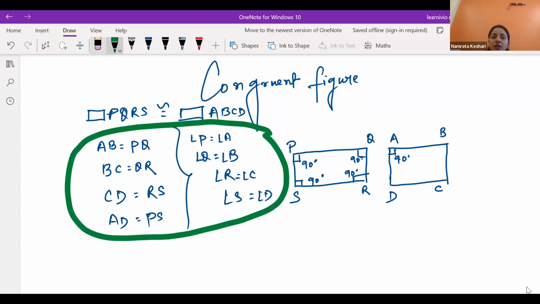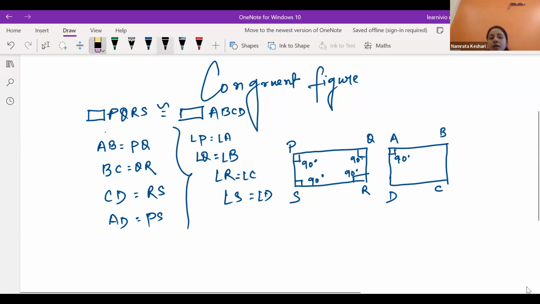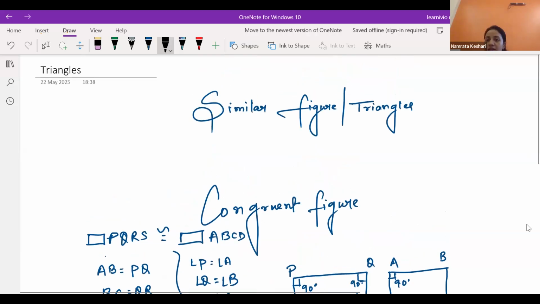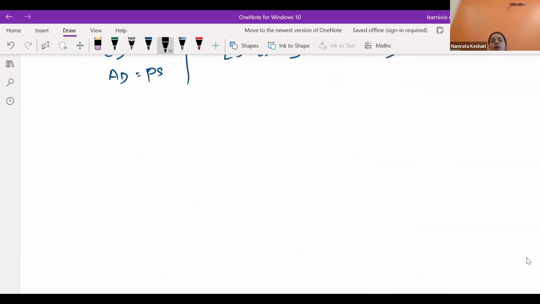You have also learned a few criteria which help to prove whether triangles are congruent or not. When we started discussing triangles, there were a few criteria, the bare minimum criteria, which help us check whether triangles are congruent or not.